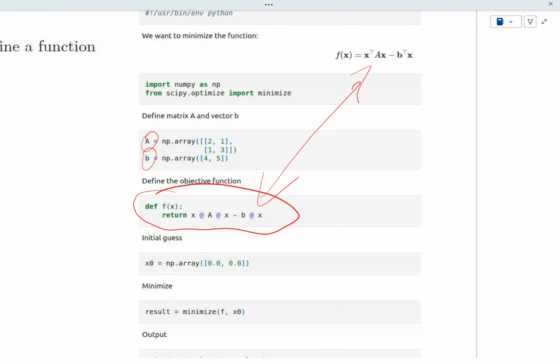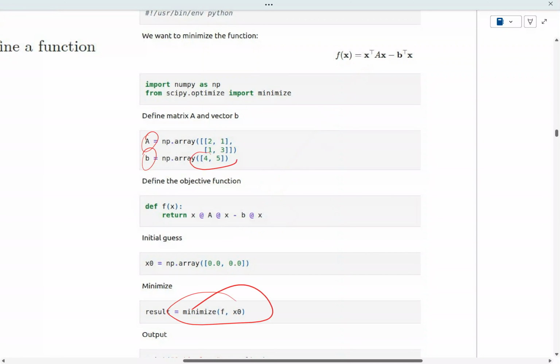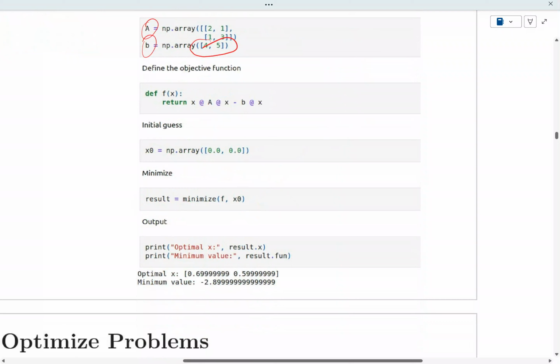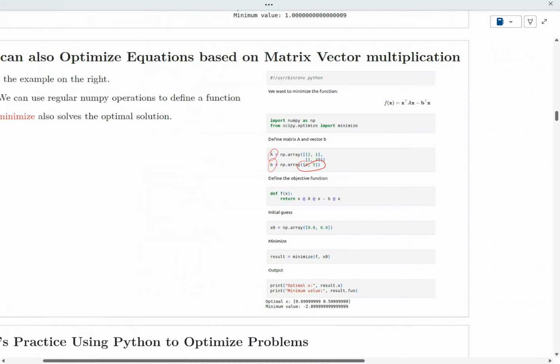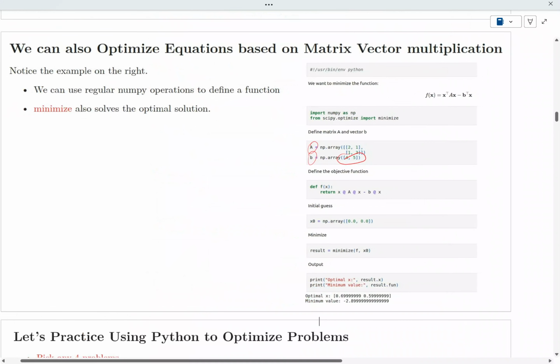Notice how these functions are the same, and we call minimize exactly the same way. In this particular case, b has two dimensions. So if you do this, then it also allows you to solve for the optimal input as well as the optimal value with that input, the ultimate output of the function. So that's the general idea.